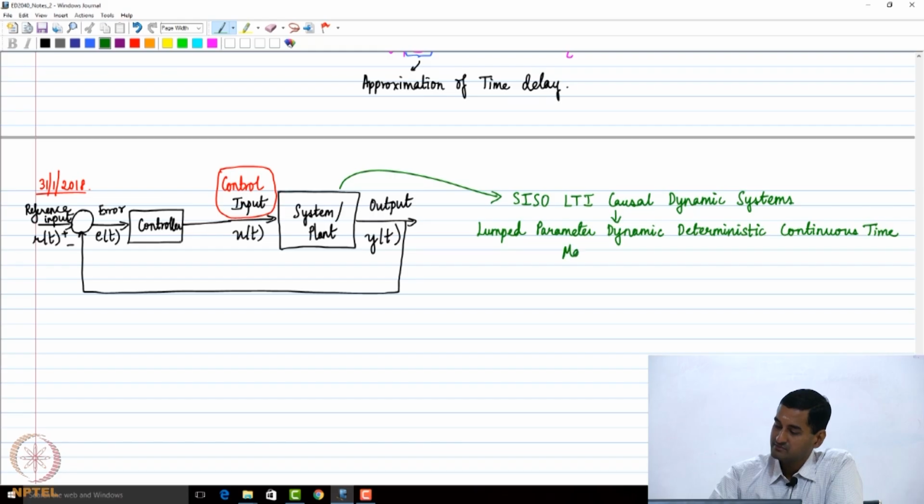Continuous time mathematical models. That's what we want to use to study these systems and study the response of these systems.